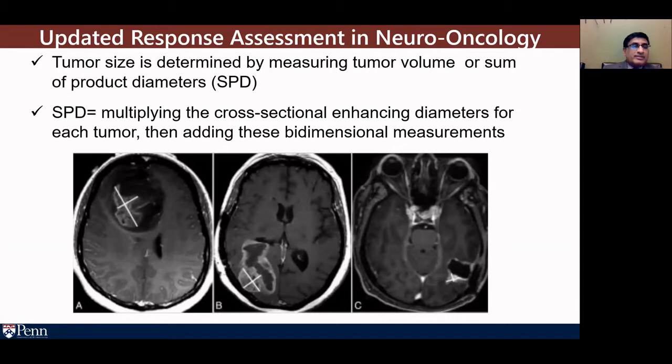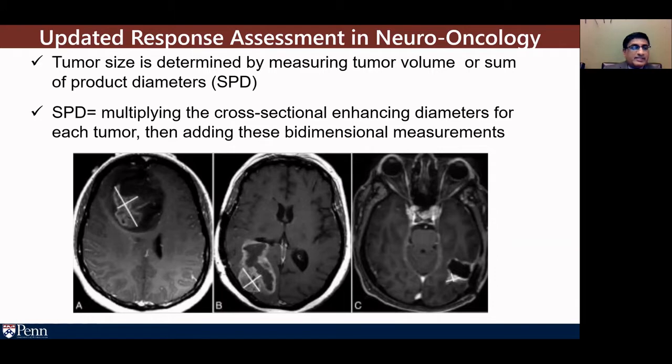First of all, we determine the tumor size. Tumor size can be determined by looking at the tumor volume, or we can determine the SPD, which stands for the sum of product diameters. As you can see here, this is the post-contrast inverted image after the surgery and the chemoradiation therapy. This is a large surgical cavity, this is the contrast-enhancing region, and these are the two cross-sectional diameters on the slice that shows the largest lesion.